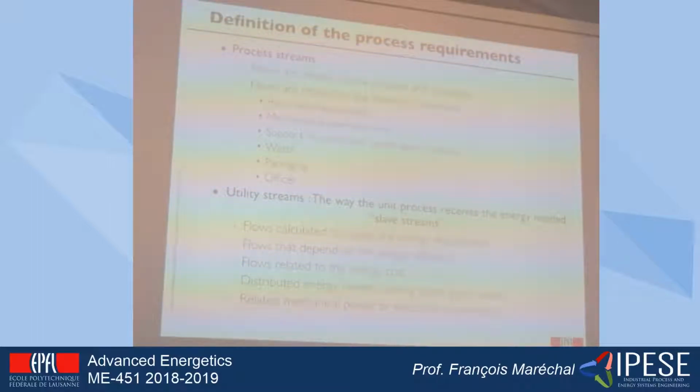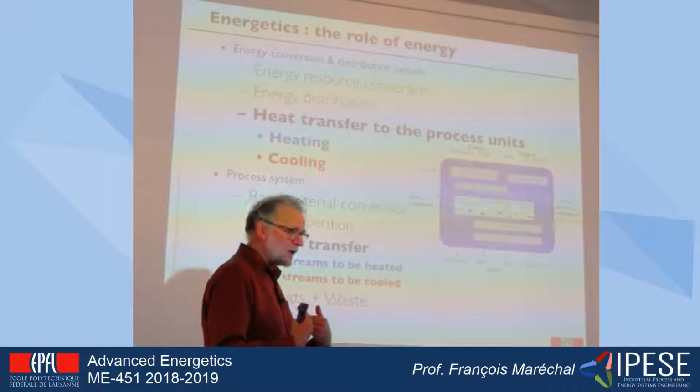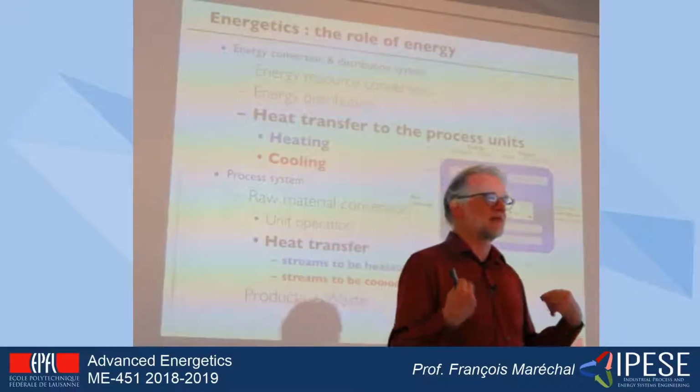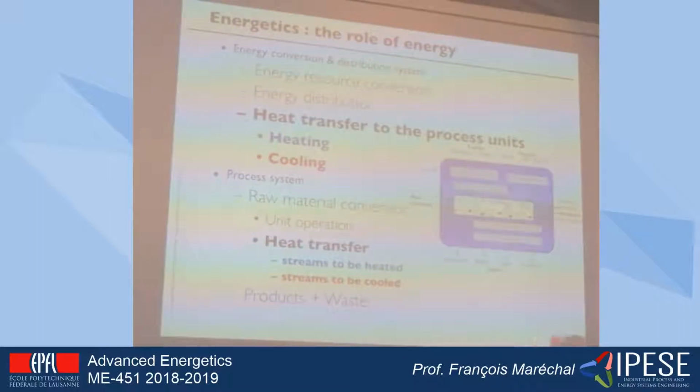Okay? Which means that I have also to realize that I have two different types of systems. On the one hand, there are the streams that are delivering the services, which are the ones from the energy conversion system. So, for example, I'm going to have a stream that is going to supply the heating.